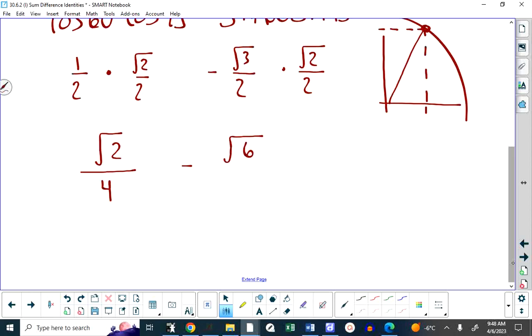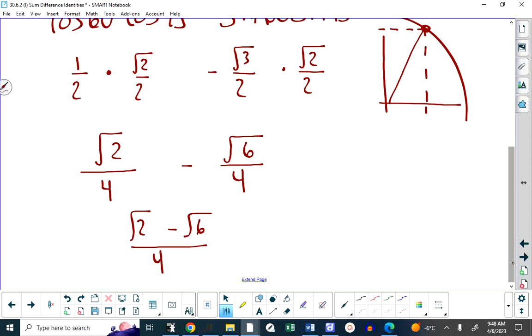When you multiply radicals, you can multiply the radicands, the numbers under the radical sign, over 4. And then you have two fractions. You can only add fractions if they have a common denominator. And we caught a break here because they do have the same denominator. So what we end up with is root 2 minus root 6 all over 4. And there's nothing you can do with root 2 minus root 6. That's like having x minus y. It is what it is.